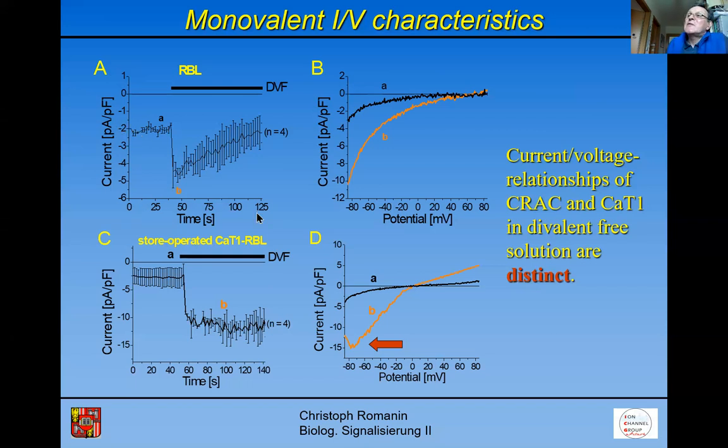You can see here, the time scale might be a little bit misleading, but we start here when all the crack channels have already maximally activated. So it should be about 150 seconds here, because we do see the crack channels have already activated, and we now make a switch from a calcium-containing solution to a divalent-free solution. There are no calcium and magnesium present.